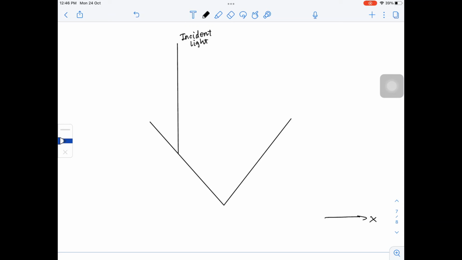This is a K vector. And we make it left hand polarized, for example. Left hand. Okay. That means the vector will be like this.